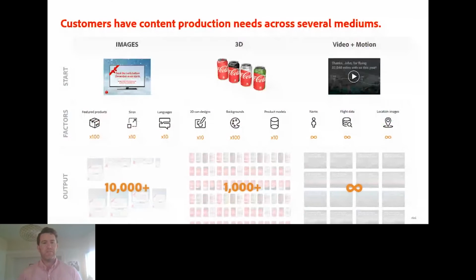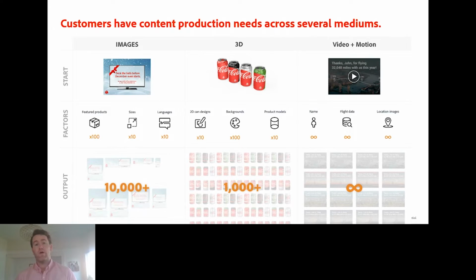So we know our customers have content production needs across several mediums, whether that be through images, needing to do things around featured products, whether that's 3D and doing things from 2D to 3D, or whether that's video and motion. And as you start talking about these content needs, with the example here of images, maybe you have 100 products, and maybe for each of those products, you have to create 10 different sizes.